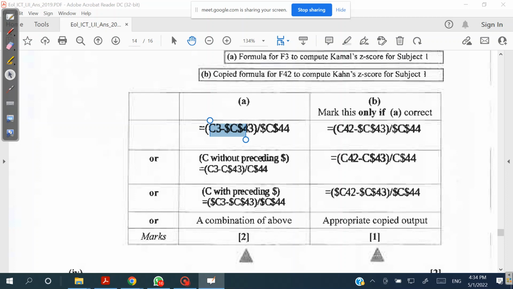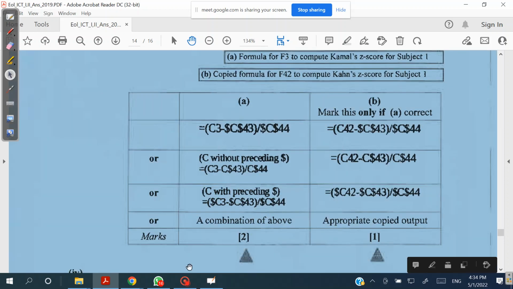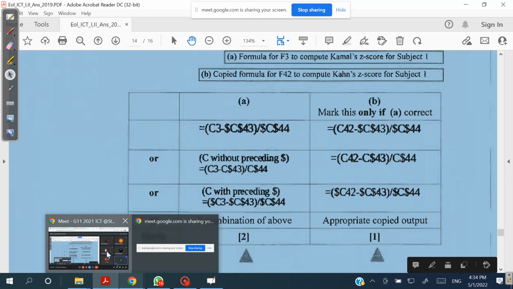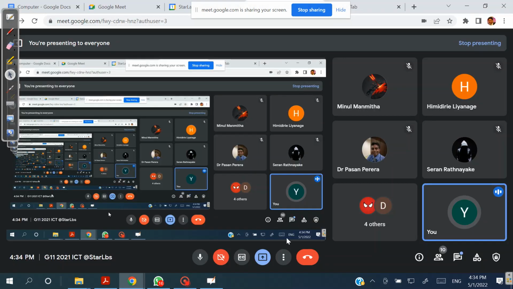And they have even given the value for $C3 as well, because it's the number that's going to change. So any particular cell shown over here, here and here will give you the marks. People, is that clear? Everyone, is that clear?